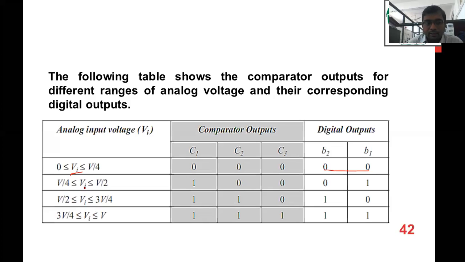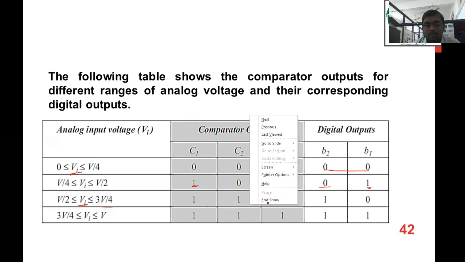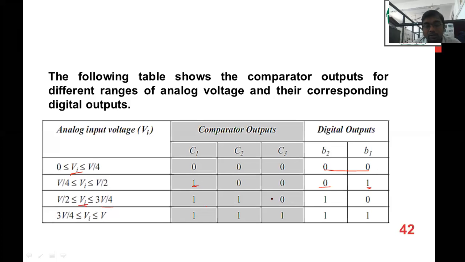In the second case, when Vi is between V by 4 and V by 2, C1 is in positive saturation and C2, C3 are 0, 0 because of the negative saturation state. So B1, the LSB, would now be 1 and the MSB remains 0. In the third case, when the input voltage is between V by 2 and 3V by 4, the comparator outputs C1 and C2 are 1, 1 because both are in positive saturation, and C3 is still in negative saturation, so it would be 0. So 1, 1, 0.